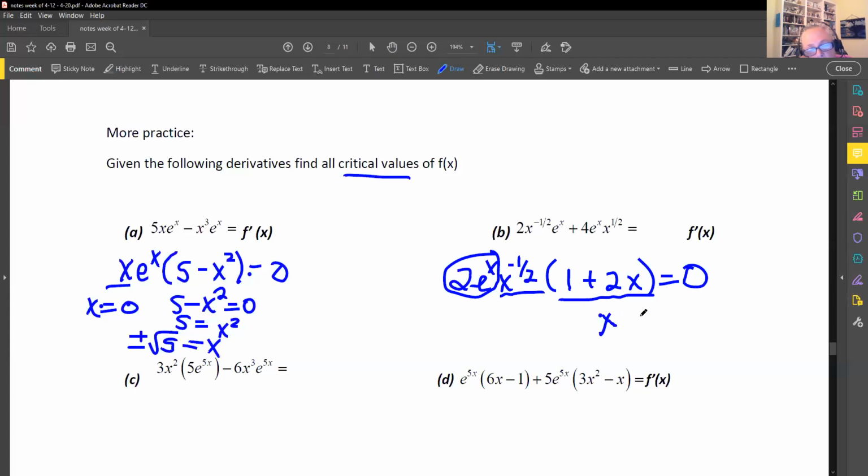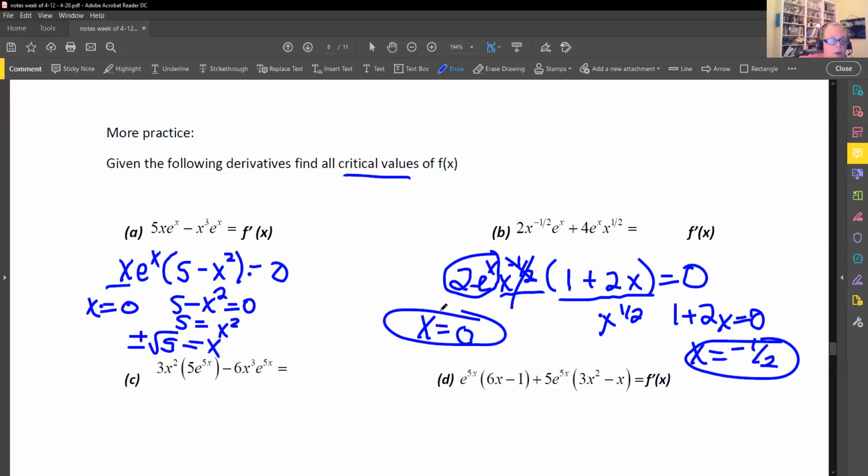So the derivative is undefined at x equals 0, so that's a critical value. And where 1 plus 2x equals 0, you solve that and get x equals negative 1/2. So there are two critical values there, 0 and negative 1/2. Don't forget, with a negative exponent, you're probably going to have some place where it's undefined.